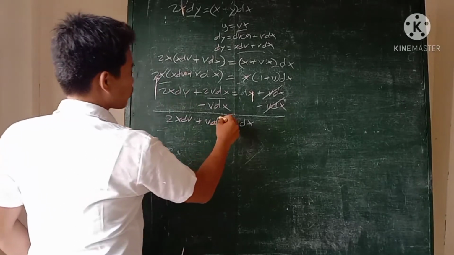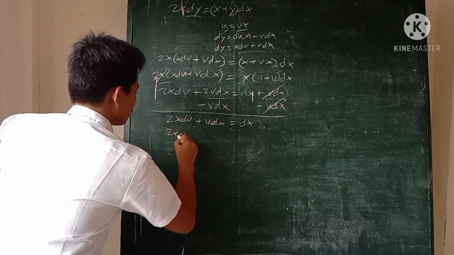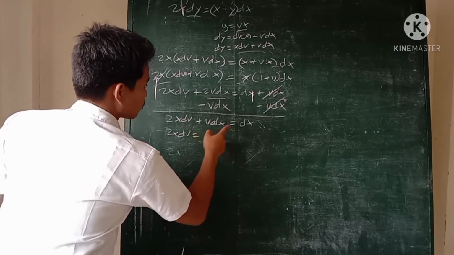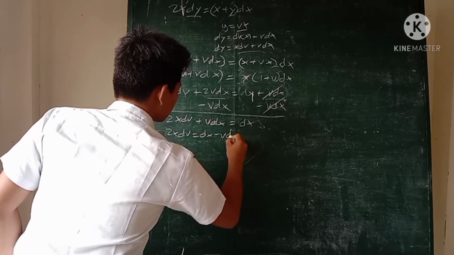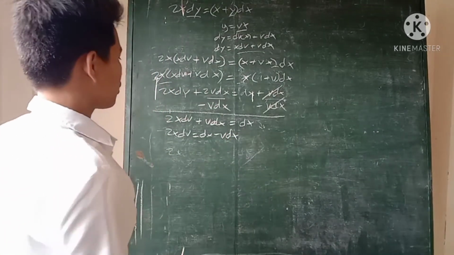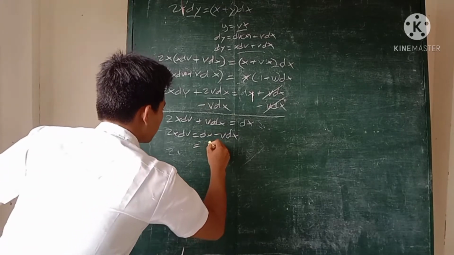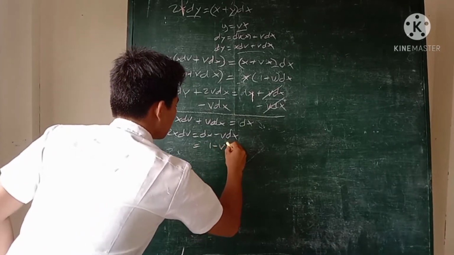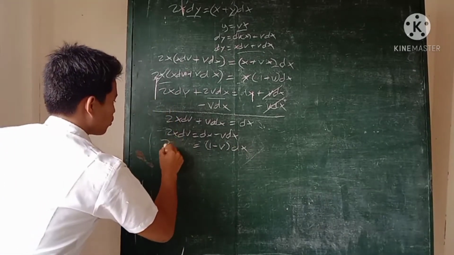So we need to move this one to the right side. So 2x dv equals dx minus v dx. Then factor out dx, so 1 minus v dx. Then copy the 2x dv.